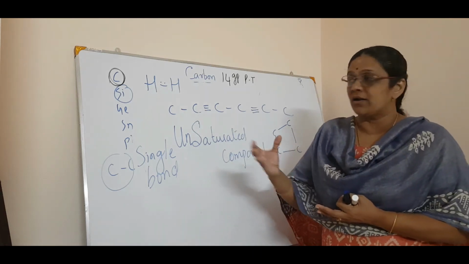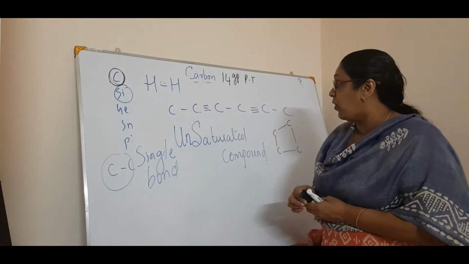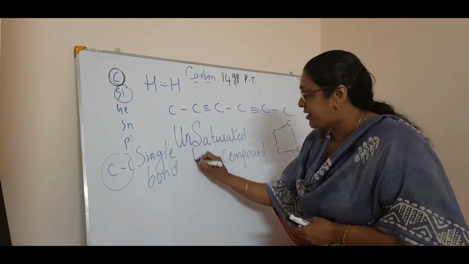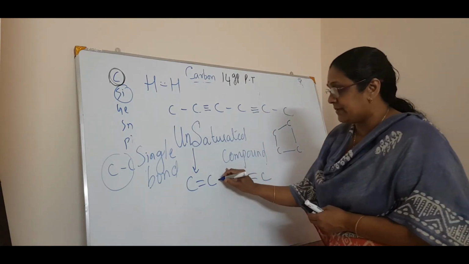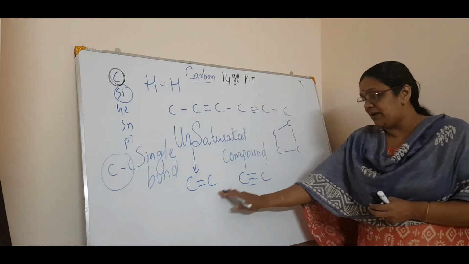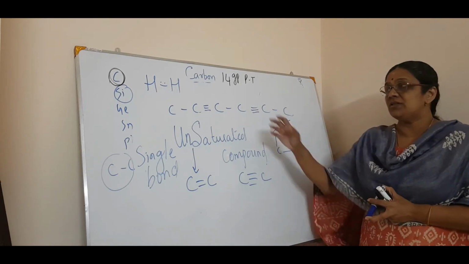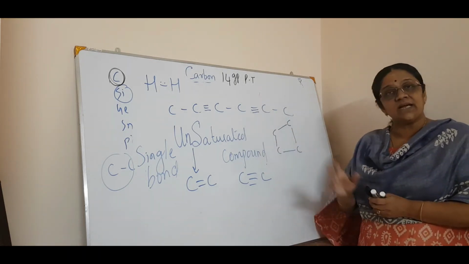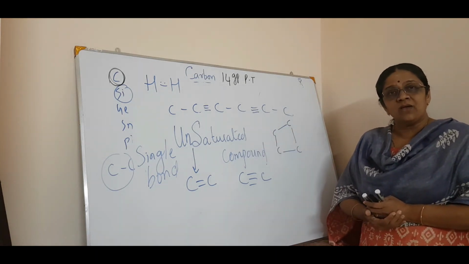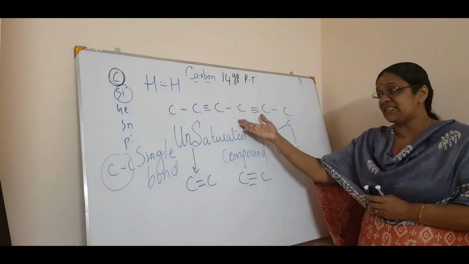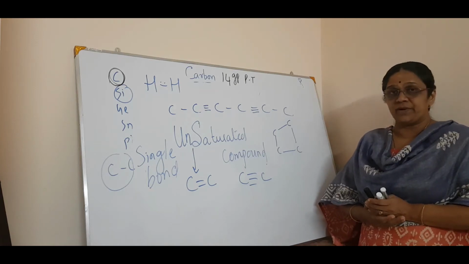Carbon single bond are called as saturated compound, and unsaturated means carbon double bond or carbon triple bond. So these are the things in the versatile nature of carbon. See how many types of compounds can be formed. You will know the names or the classifications in higher classes. So these are the versatility of carbon.